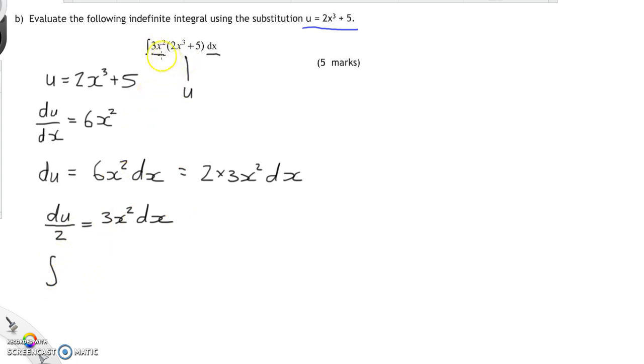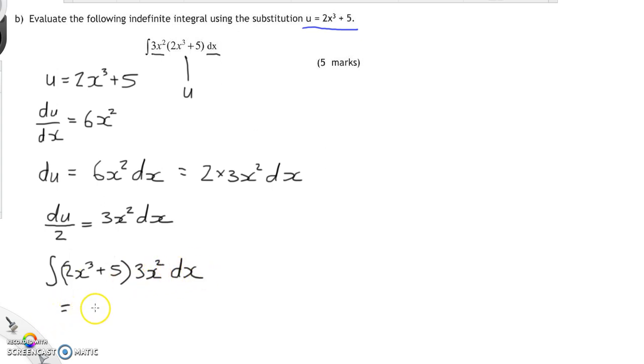So looking at this structure up here, we can rewrite this. First of all, we could shuffle things around a bit to make it more straightforward. So we have 2x cubed plus 5 in a bracket, and then I can write the 3x squared here. It doesn't matter about the order because it's multiplication, times dx.